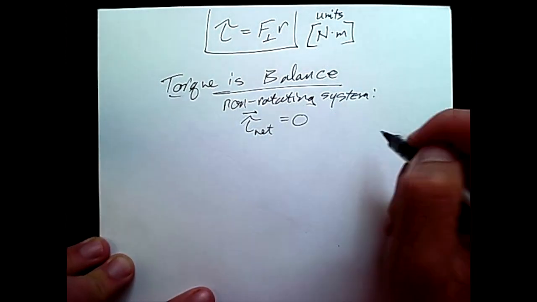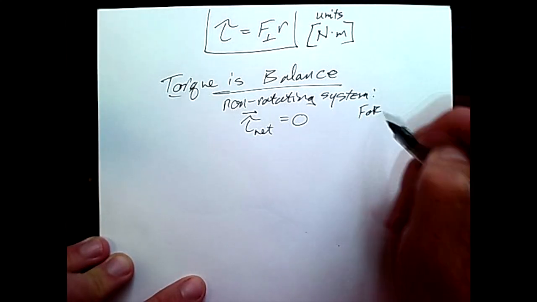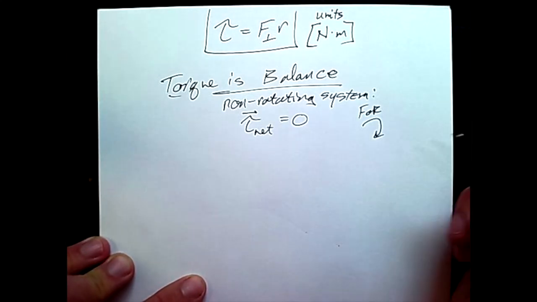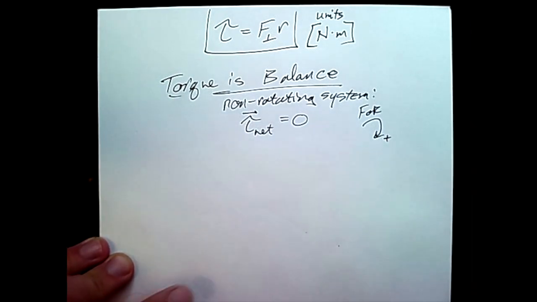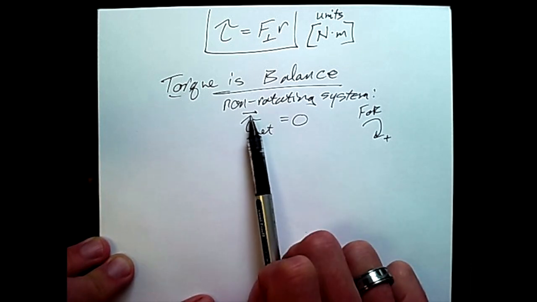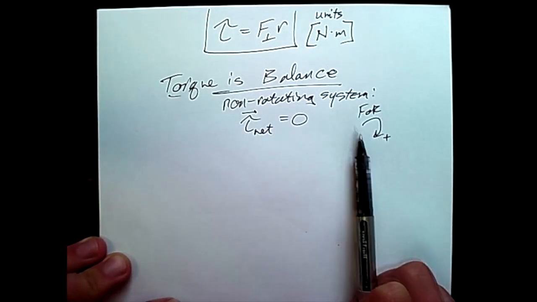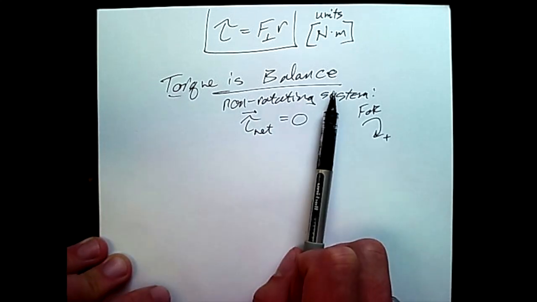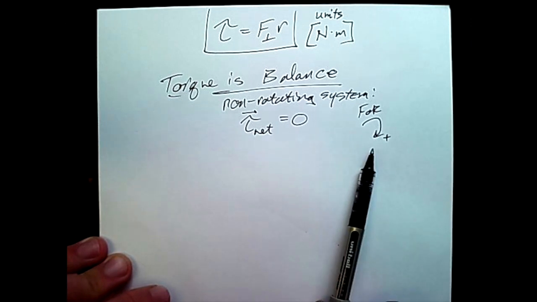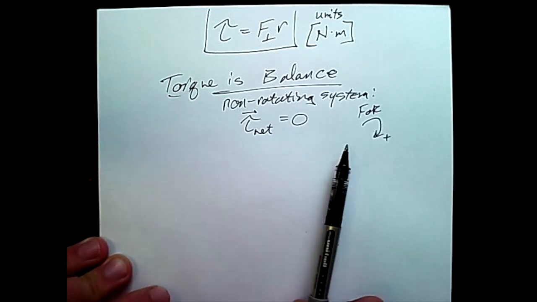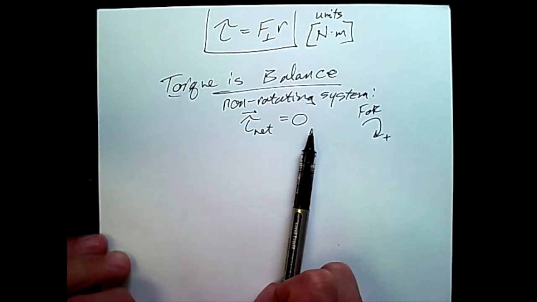So we're still doing one-dimensional analysis, but in this case our frame of reference is now going to be a clockwise counterclockwise rotation. So if we say going clockwise is positive, then the vector directions for net torque are either positive clockwise or negative counterclockwise. So a system that's balanced, any torque that is causing the system to rotate in a positive way would be balanced out by any torque that is causing the system to rotate in a counterclockwise way, thus yielding a net torque of 0.